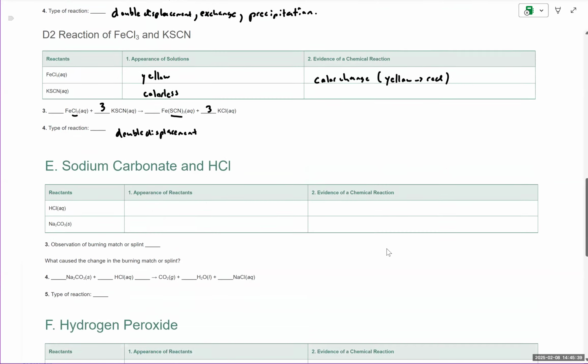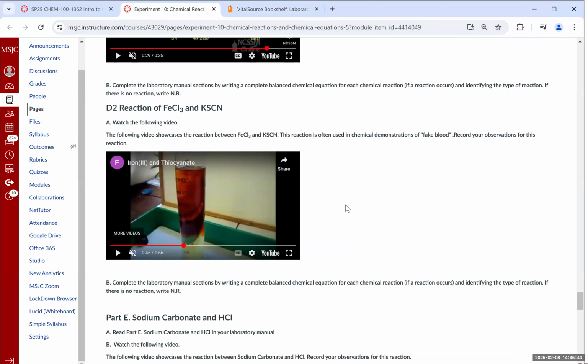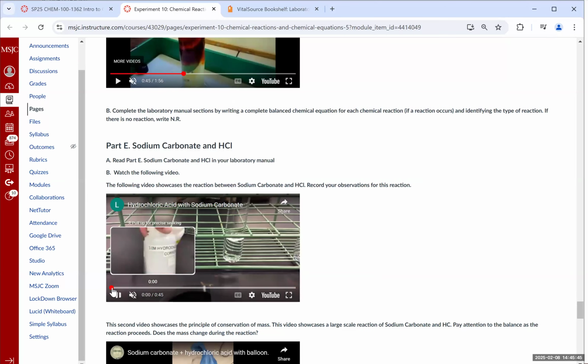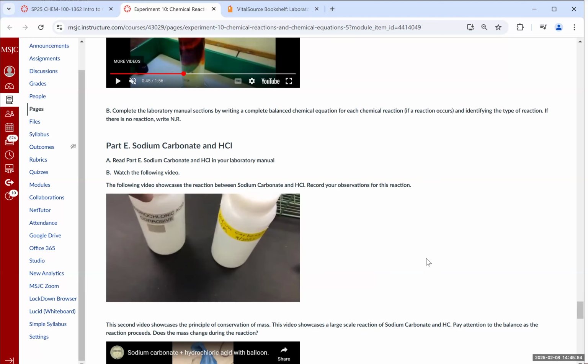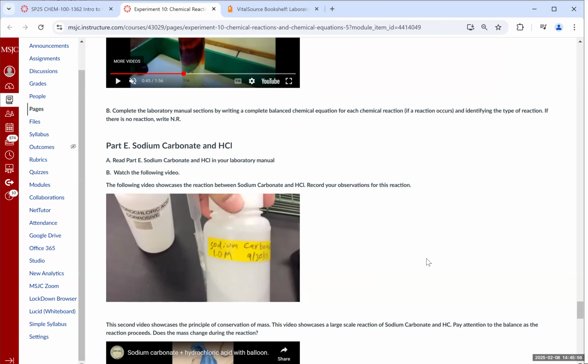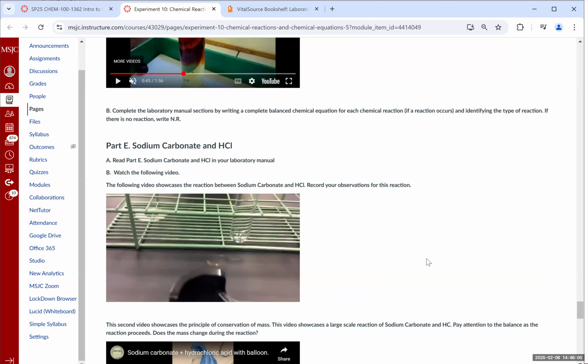Okay, let's move on to part E, sodium carbonate and hydrochloric acid. So in this case, we're going to look at a reaction between hydrochloric acid and sodium carbonate. So here they have hydrochloric acid. We're going to mix the hydrochloric acid and sodium carbonate solutions, and we're going to observe our result.